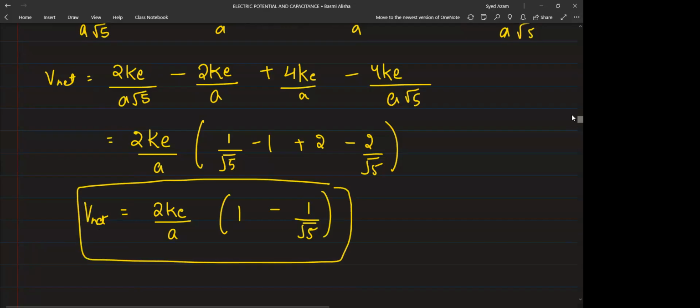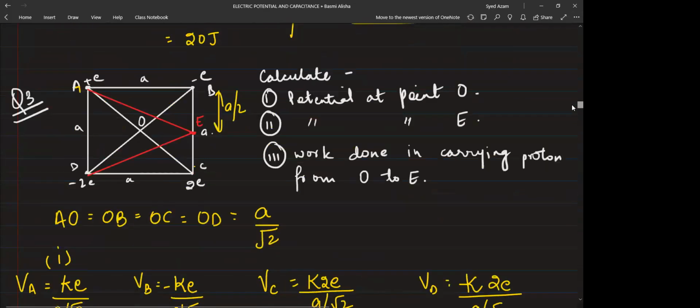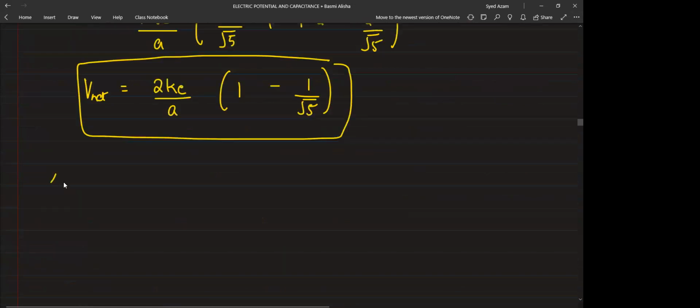Now the third part is the same. This was the first part. Work done in carrying a proton from O to E, meaning center to this. When you are calculating the work done, you take the change in potential. So work done will be carrying the charge, proton. You know the charge on the proton is E. Look, what's the third part?